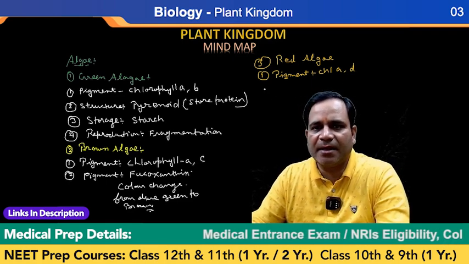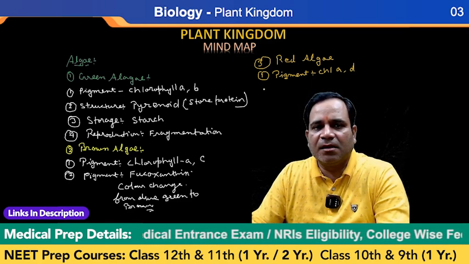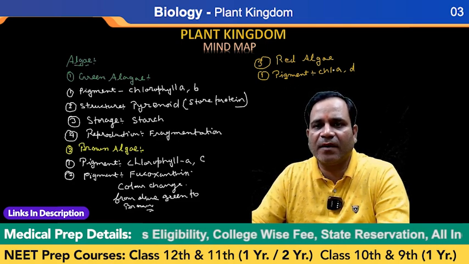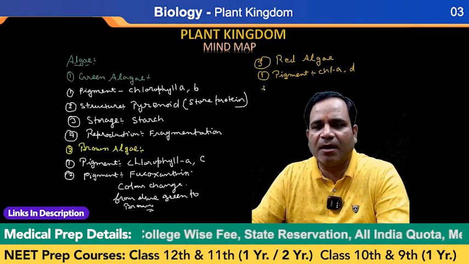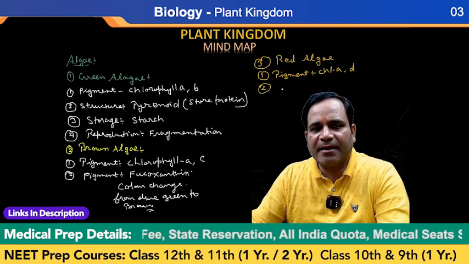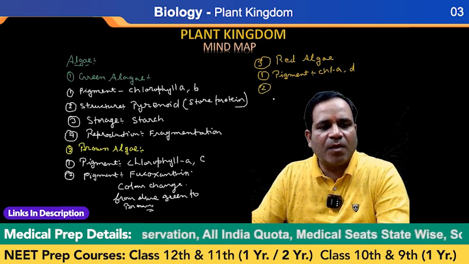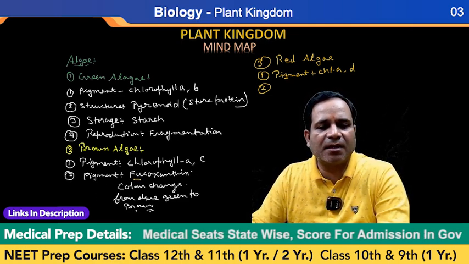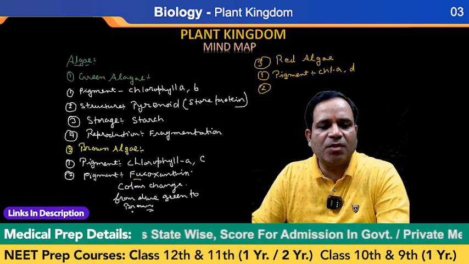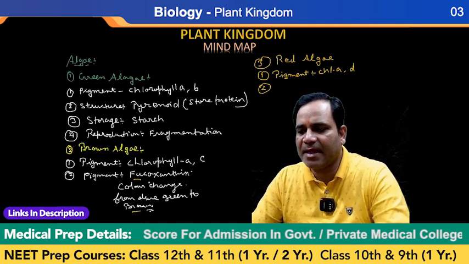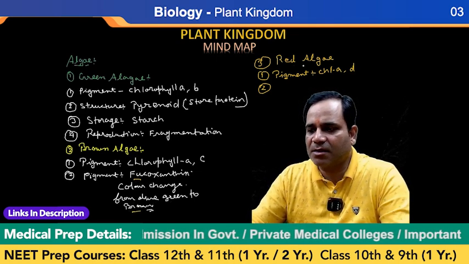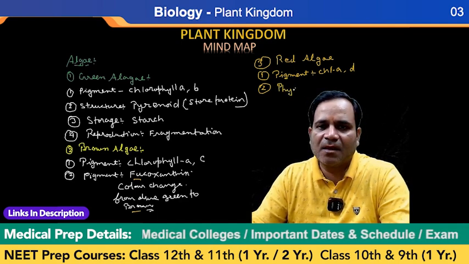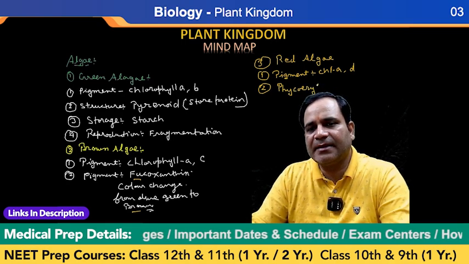Here the pigment is chlorophyll, in short, I'm writing. Now the second thing: the pigment fucoxanthin is also present here, which changes the color from olive green to brown. Here I'm also saying phycoerythrin.